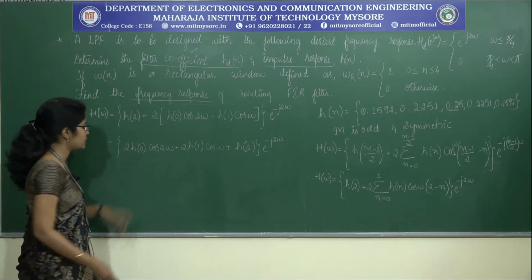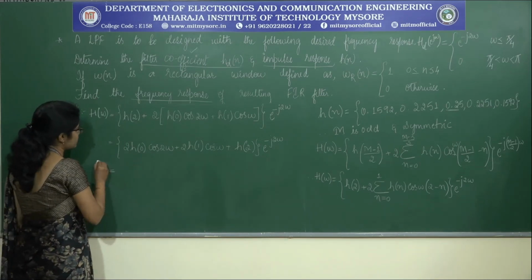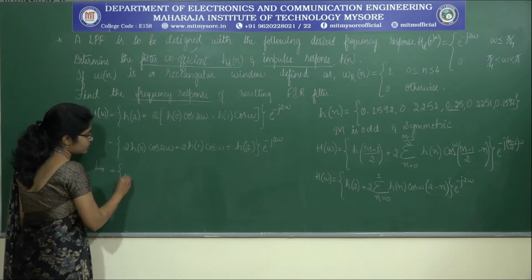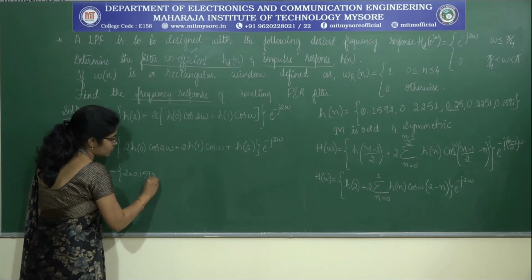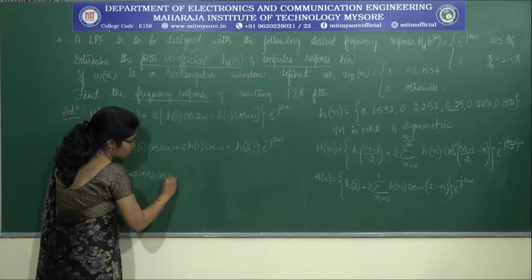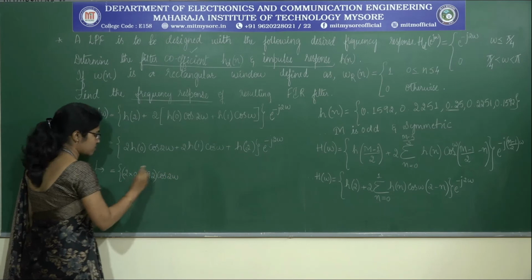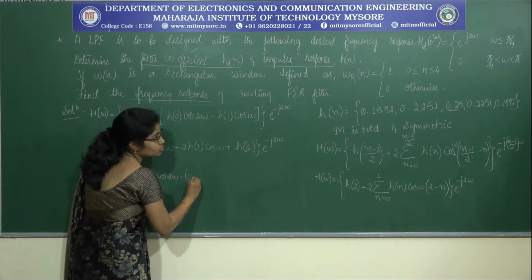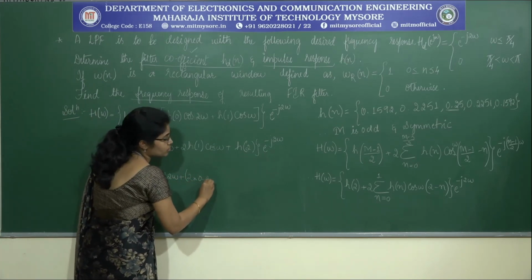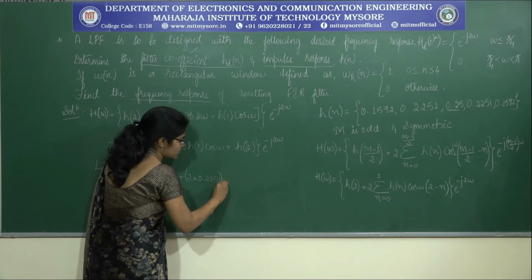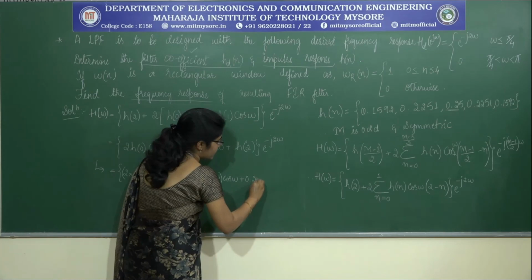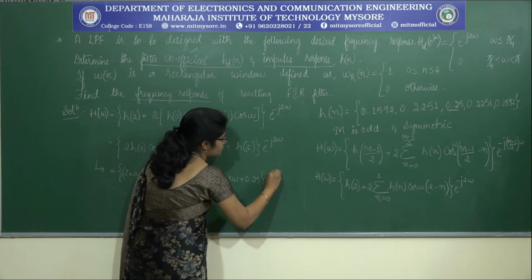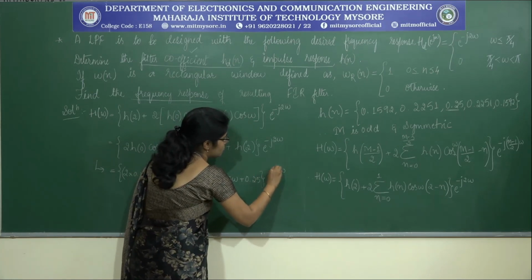If we substitute the values of h of n, the expression will be 2 into 0.1592 into cos 2 omega plus 2 into 0.2251 into cos omega plus 0.25 into e power minus j 2 omega.